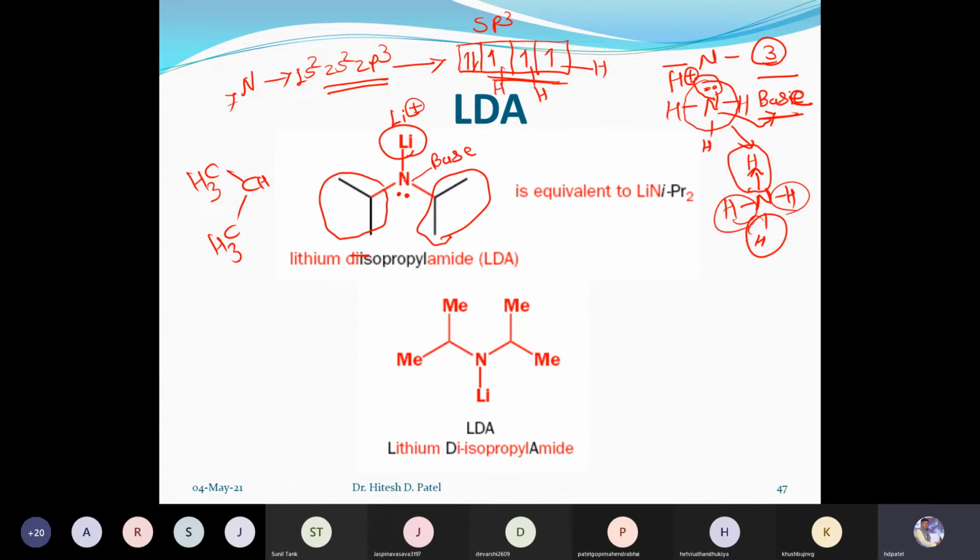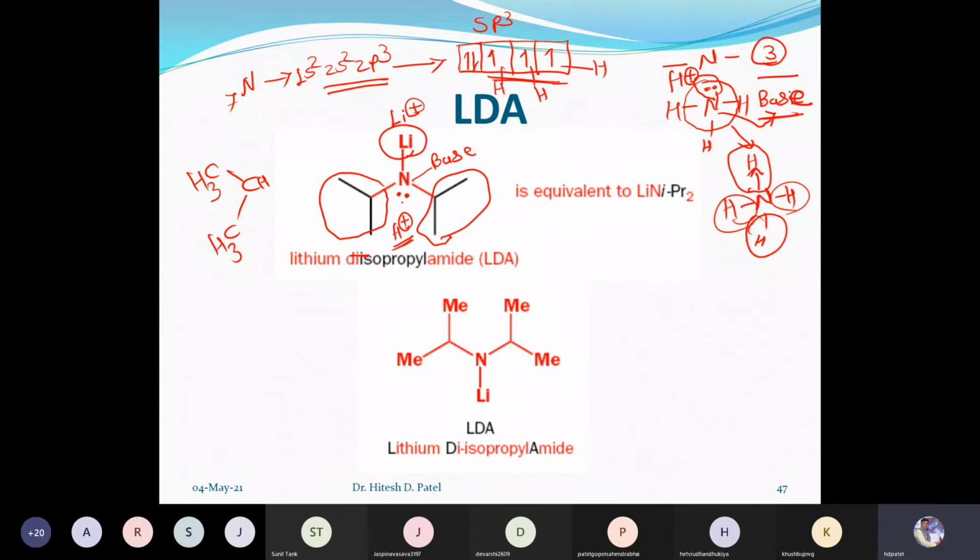Why? As per the valency and the octet rule, this compound is stable. But this compound has the additional feature that it can form a bond with H plus, and that's why it is known as a base. That's why it is known as a deprotonating agent. So here LDA acts as a deprotonating agent in a reaction.